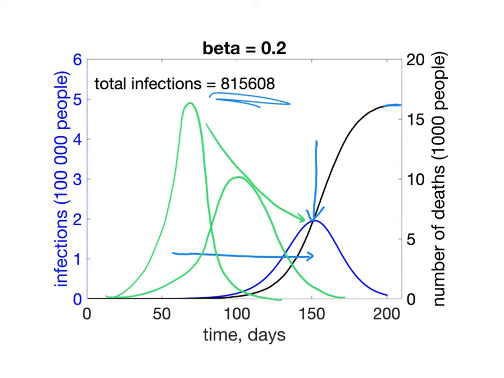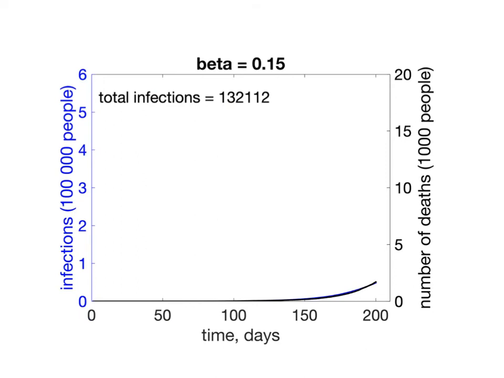All right, now let's get into the regime where beta is getting quite small, maybe crossing some critical threshold value. So next, beta equals 0.15. Now, the average length of infection is 11 days in the model. So beta is the average number of infections per day.